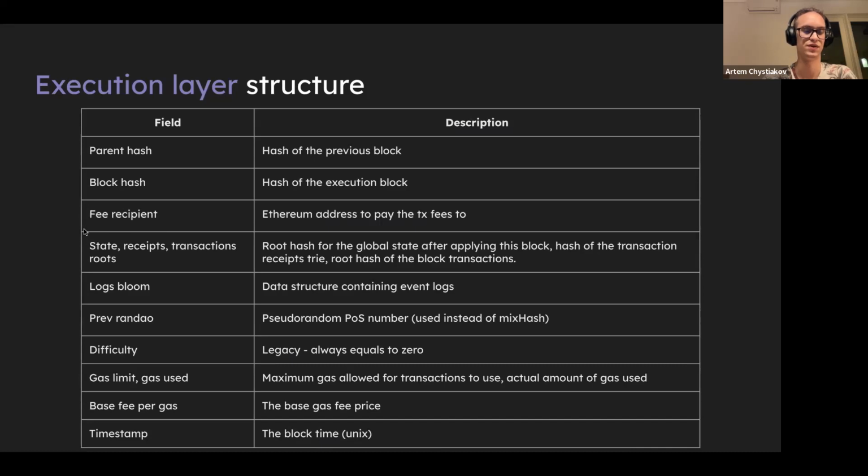The block has the fee recipient field. It is the Ethereum address that will receive the reward. The tip of every transaction included in this block will be sent to the fee recipient, and the base fee of the block that each transaction specifies will be burned.